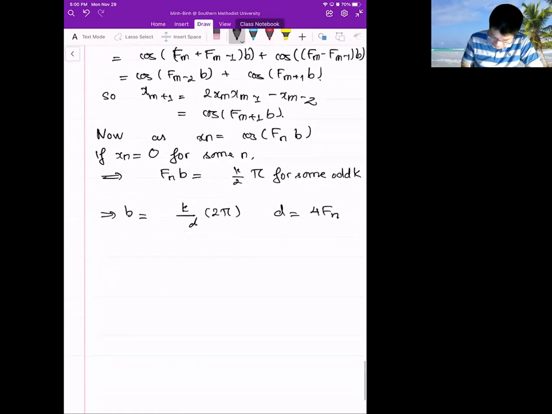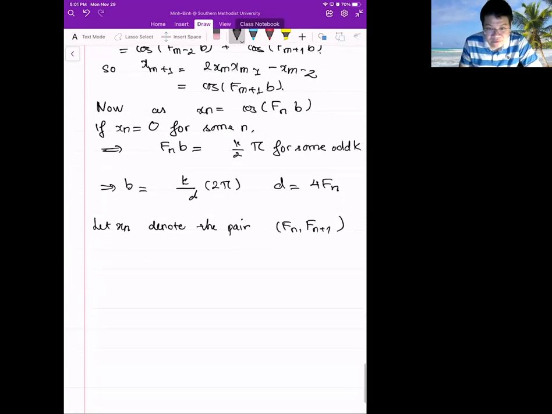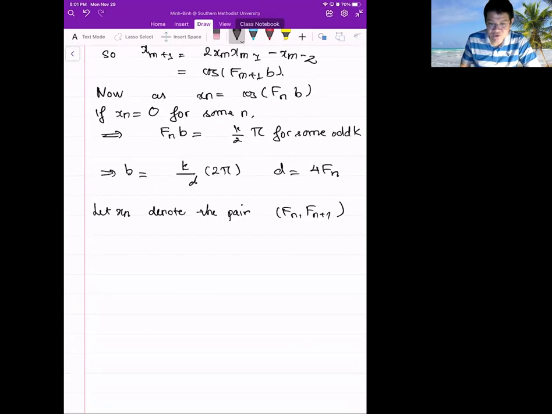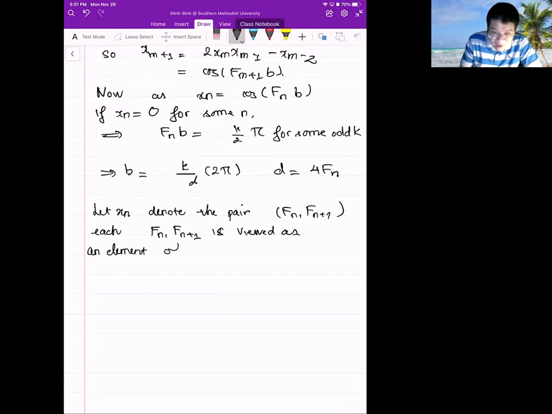All right, so now let xn denote the pair Fn, Fn plus 1, each viewed as an element of Z over dZ.